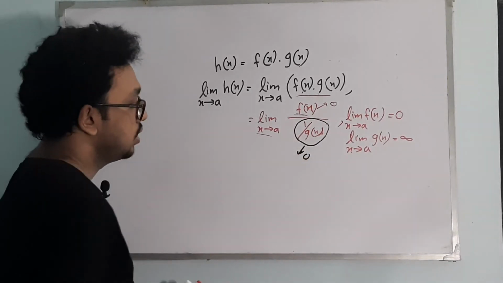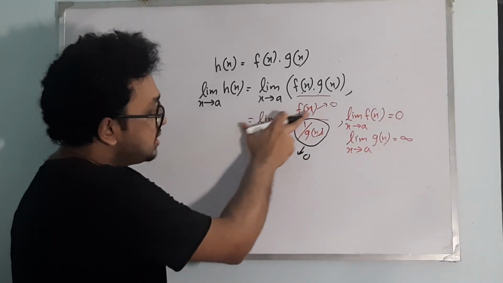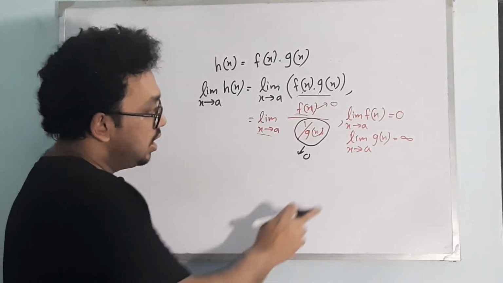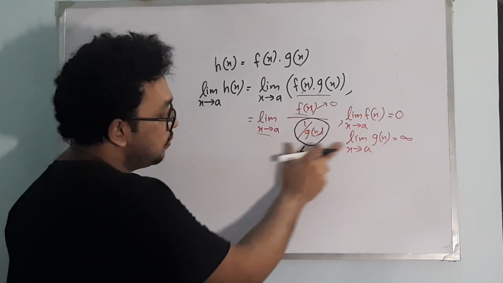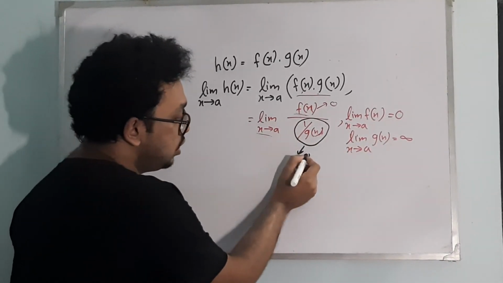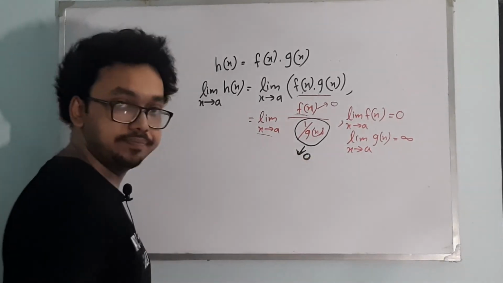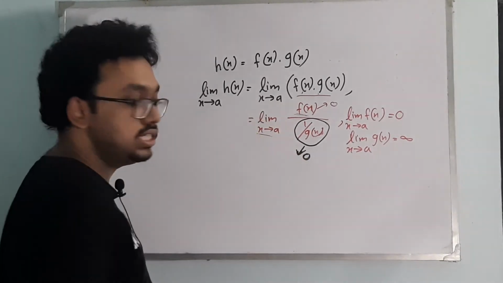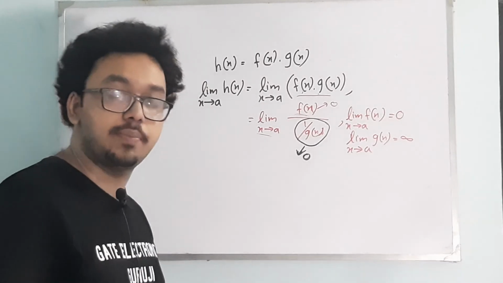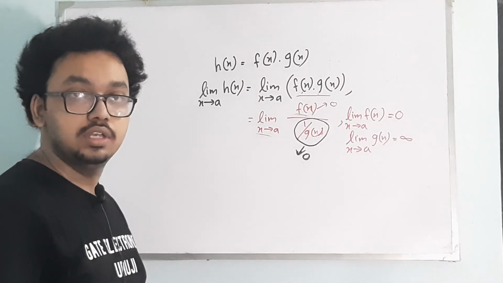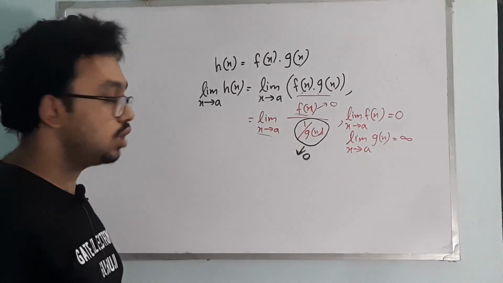Clear? f(x) is tending to 0, that's all right. But if g(x) is tending to infinite, then 1 by g(x) will tend towards the value 0, right? So clearly you have a 0 by 0 form and you already know how to solve a problem if it is in 0 by 0 form.